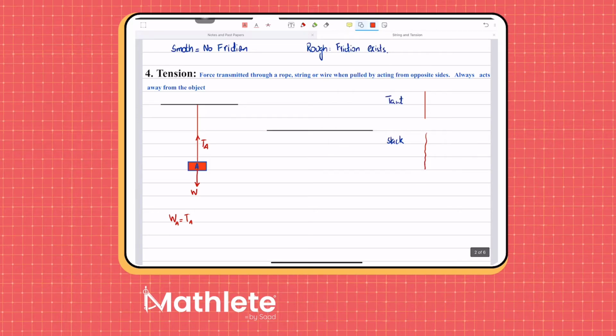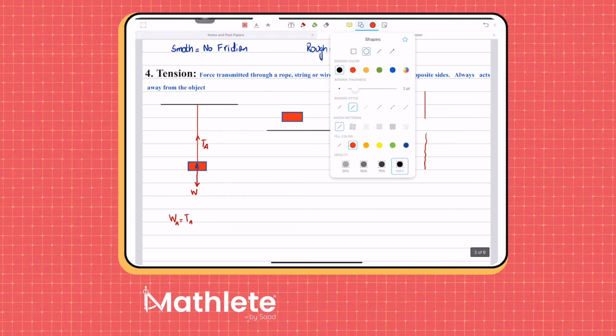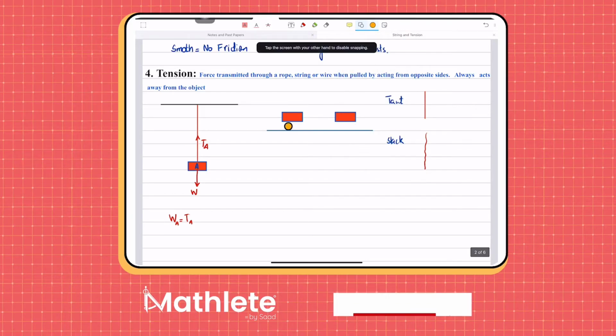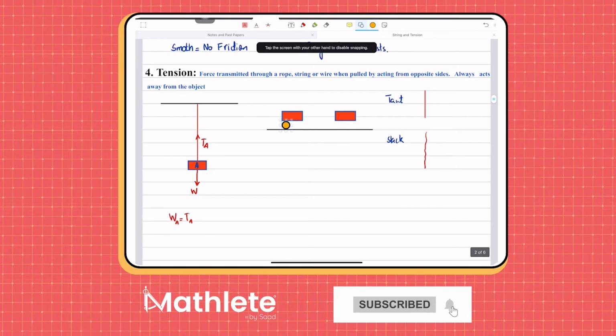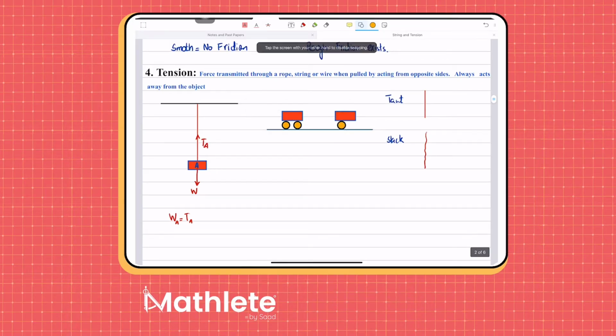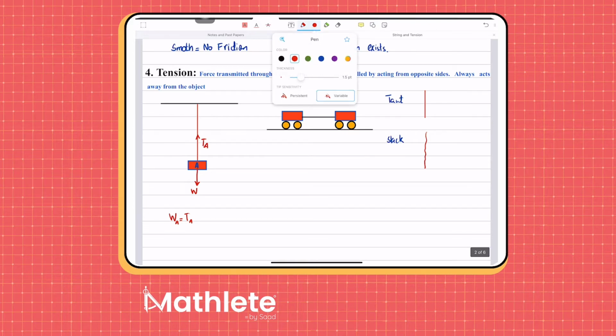Let's say you have two cards, and let's say these two cards are connected by a string. Let's call one card card A, and let's call this card B.